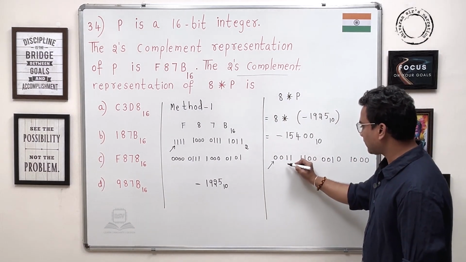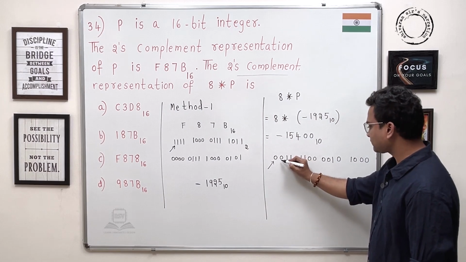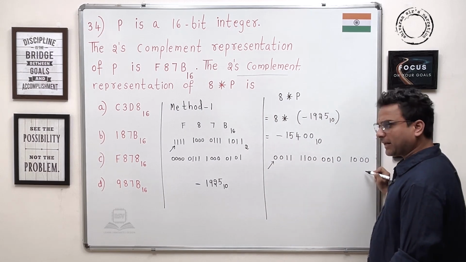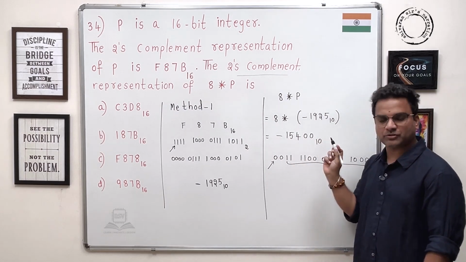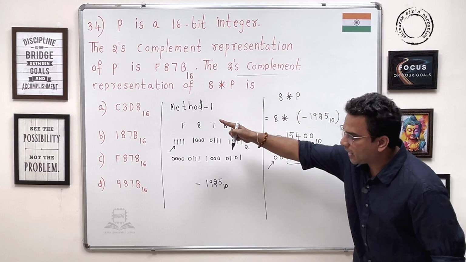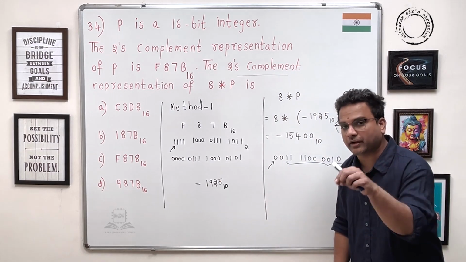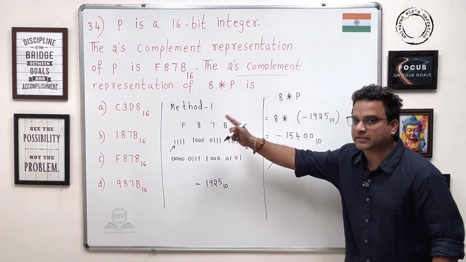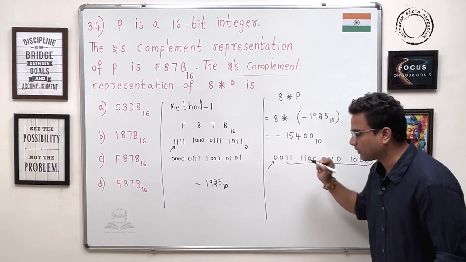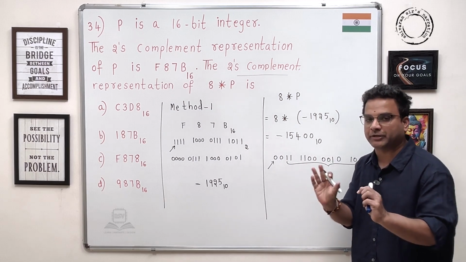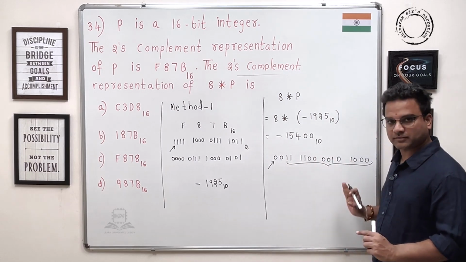And here, this is the magnitude information regarding 15400, right? As the options contain 16 bits because 4 hexadecimal digits are there, you require this 0 between the sign bit and the magnitude bits. Fine, we got this.